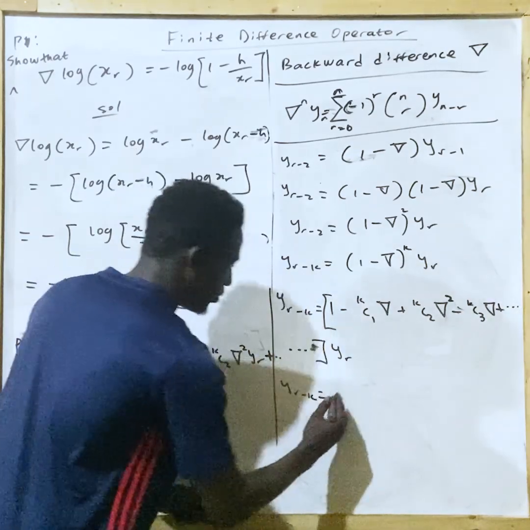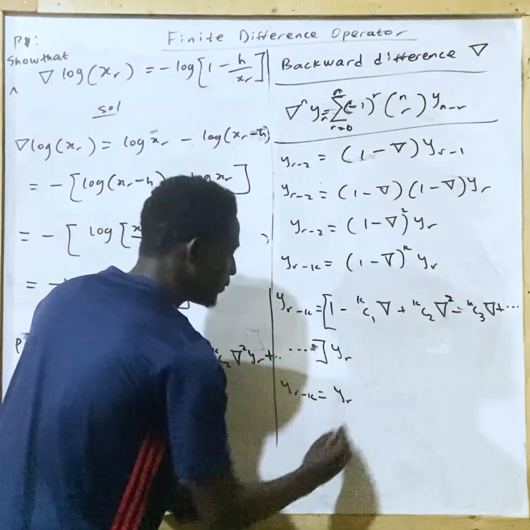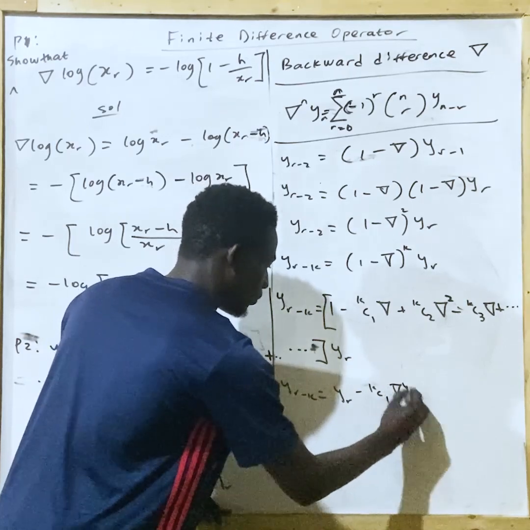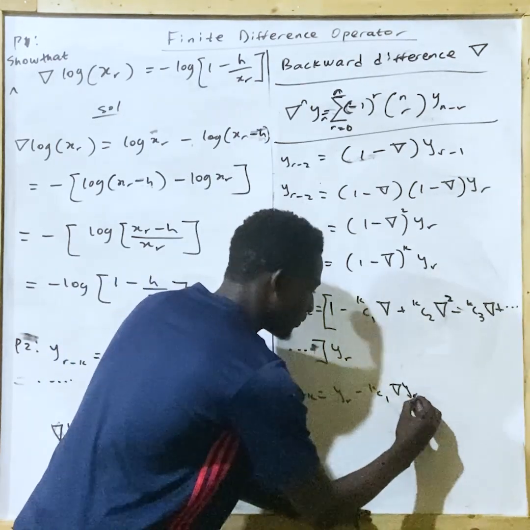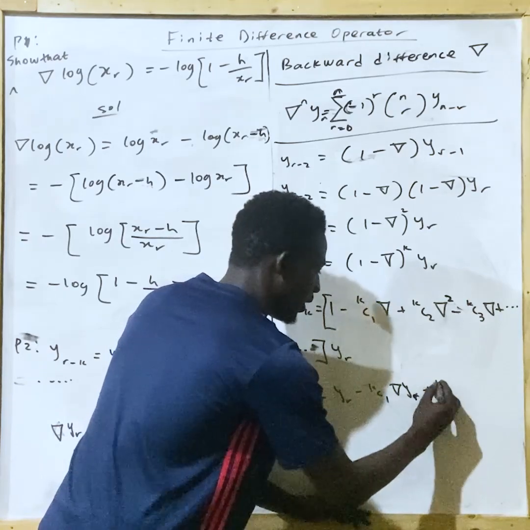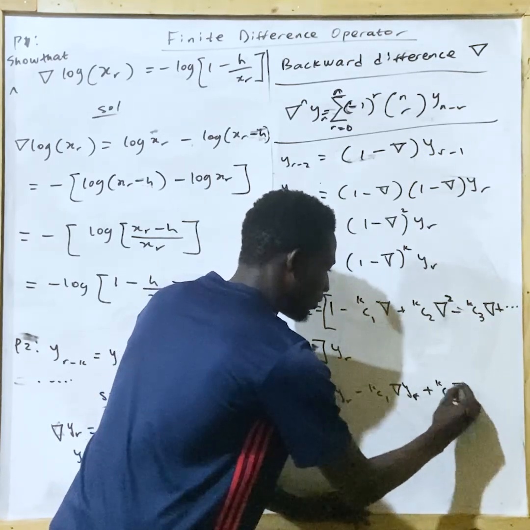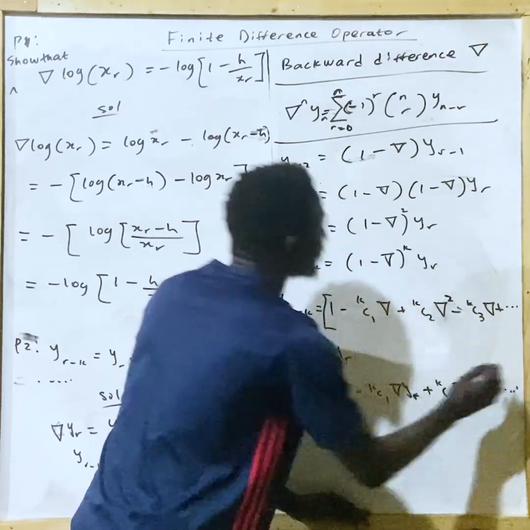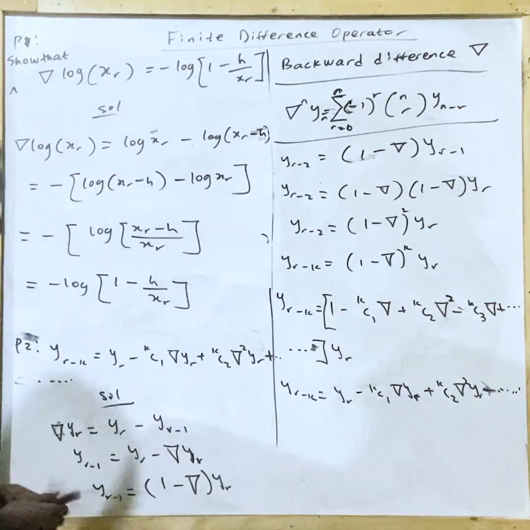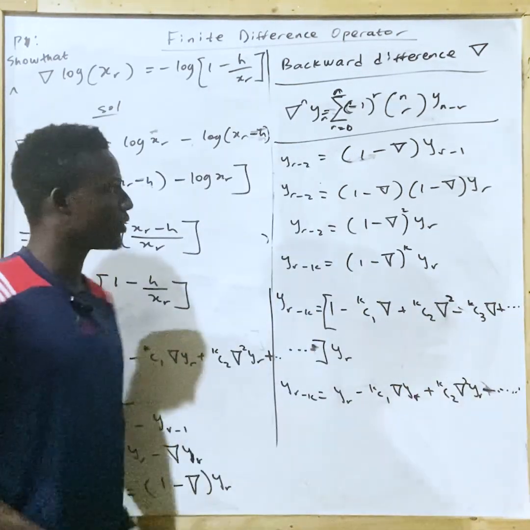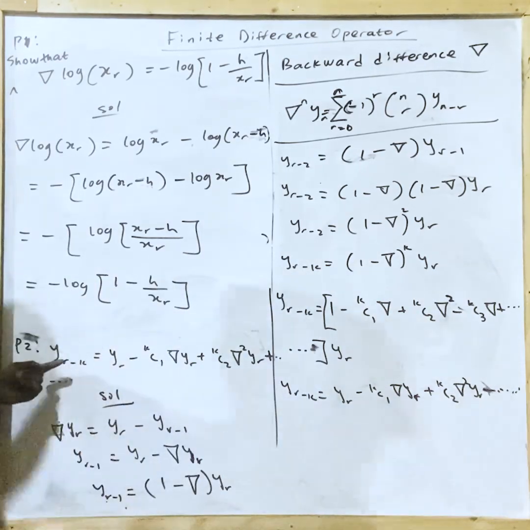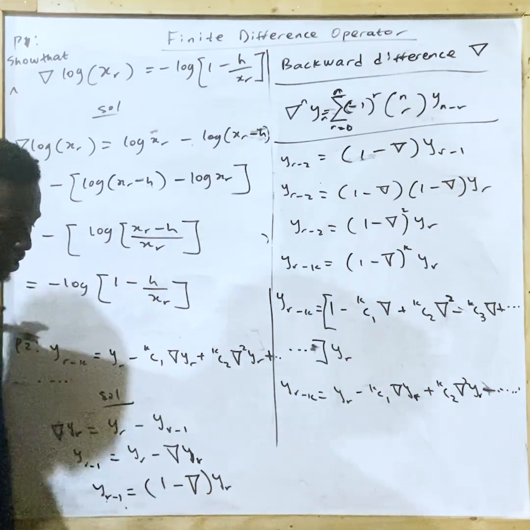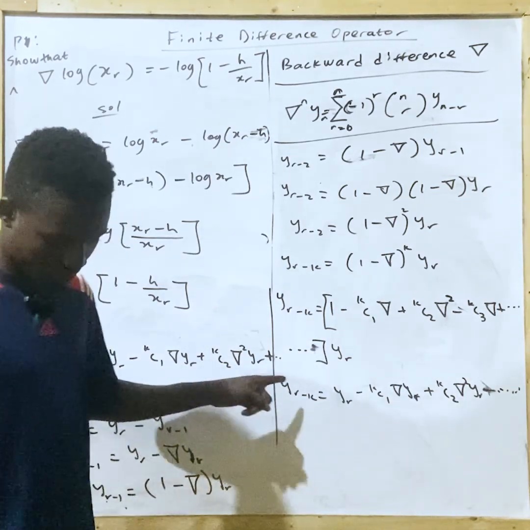When you open the bracket, you have y_r minus k combination 1 backward difference of y_r plus k combination 2 backward difference squared of y_r minus, and so on and so forth. We've shown that this equals this. We're going to be using this in an example shortly.